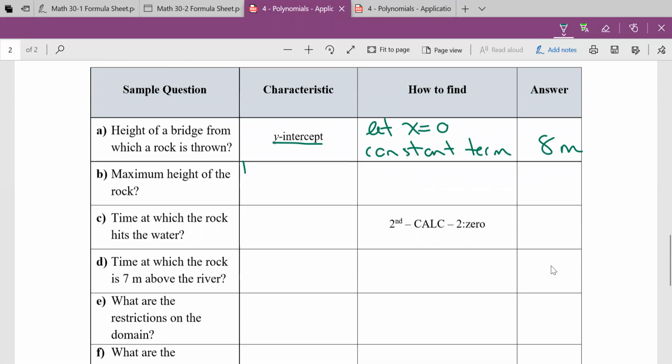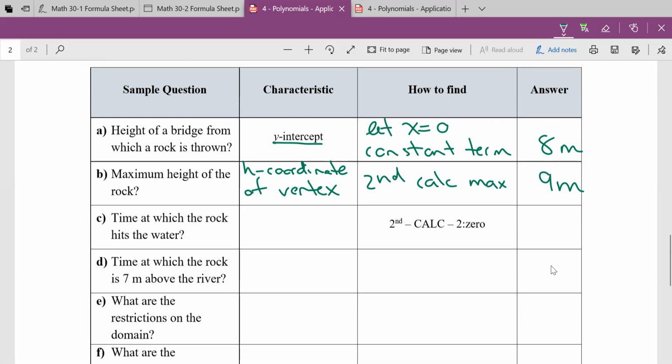I'm going to look at the h coordinate of the vertex. How do I find that? Well, on a TI, you would go second, calc, max. And on this question, it's at 9 meters. But again, the more important part is the characteristic there.